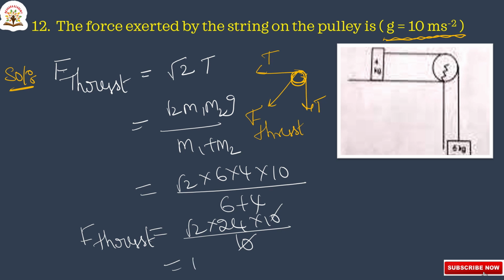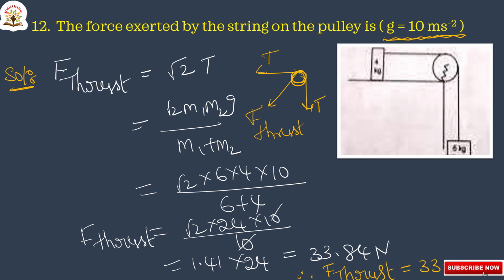The root 2 value we can write as 1.41 into 24, so we are getting 33.84 newtons. So therefore the final answer, F thrust is equal to 33.84 newtons.